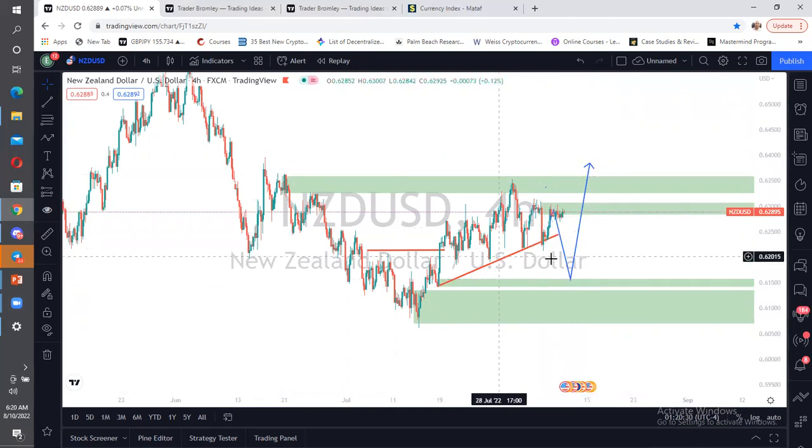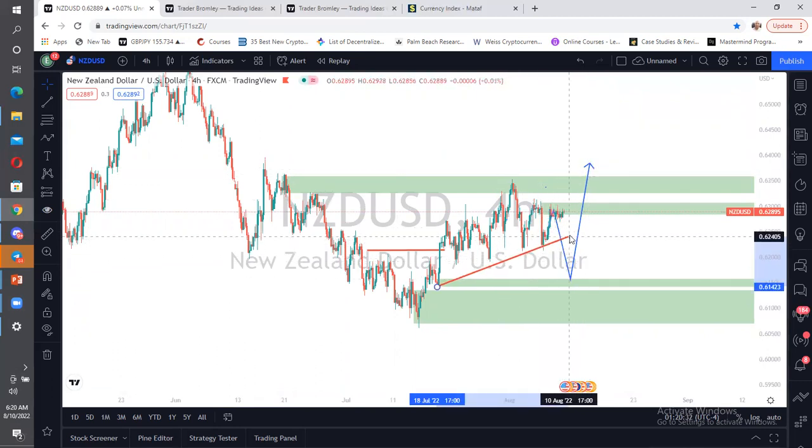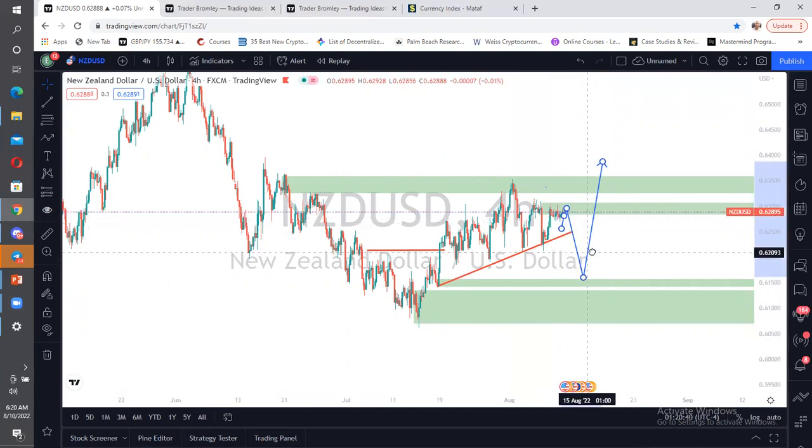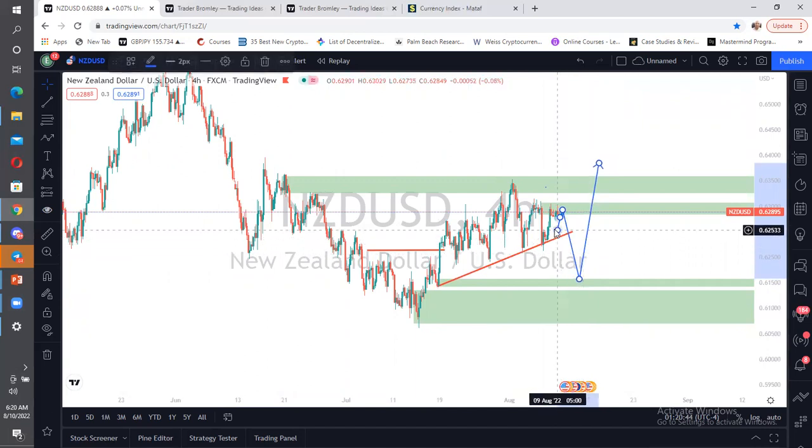But you can see the market has just been giving us a series of consolidation here. So I would like to still stick with my analysis, and that is what we have already analyzed. So we are expecting this market to find a way to the downside here, take out this liquidity, then I will be looking for a buy.